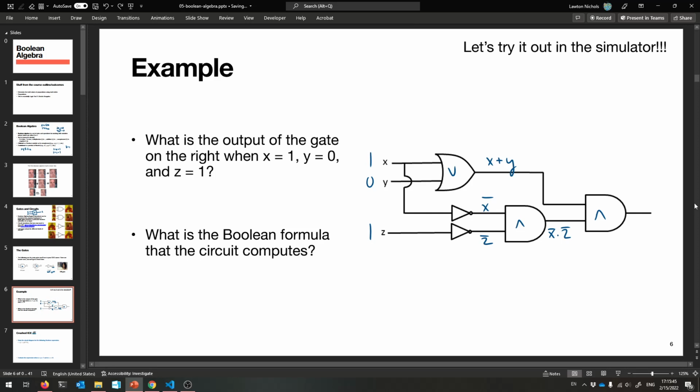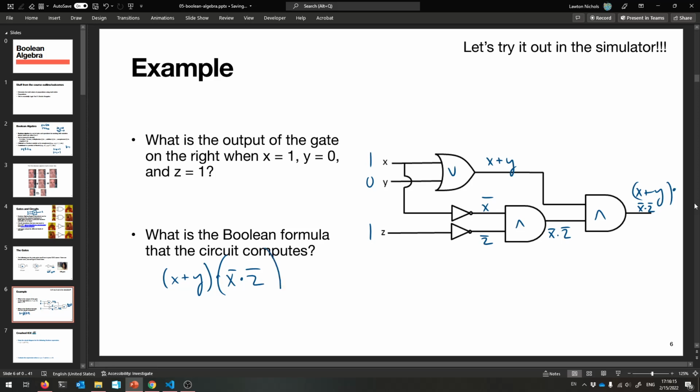Isn't that quite nice? So at the end here we have x plus y multiplied by x bar multiplied by, not y, sorry, multiplied by z bar. So that's actually the answer to the second question. What's the Boolean formula that the circuit computes? Well, it's x plus y times x bar times z bar.